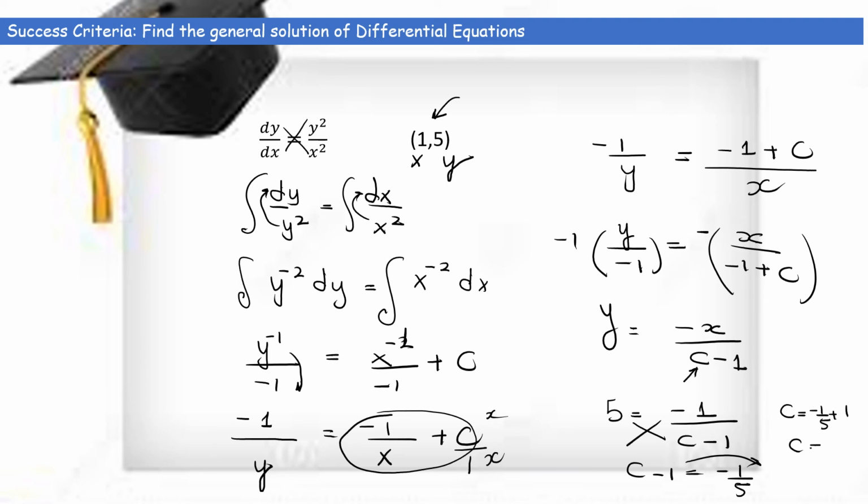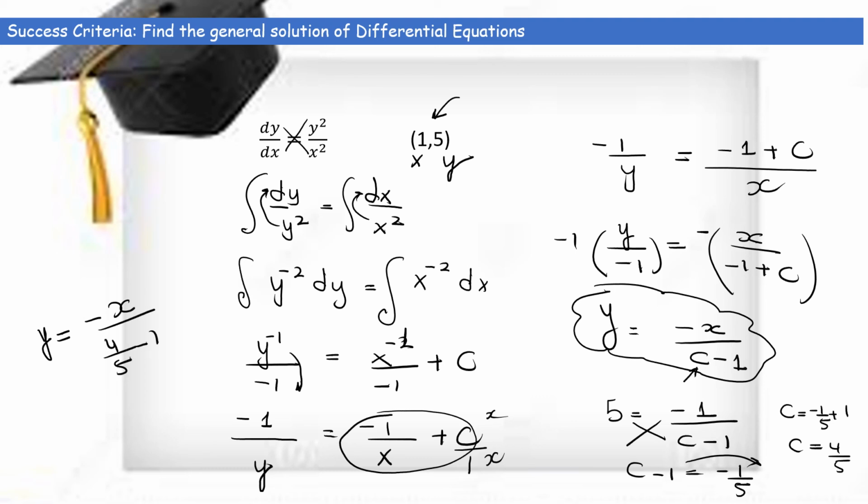Solve by calculating, you will get 4 over 5. Now this was your general solution with the c. Now for the particular solution, you will just replace the value of c by 4 over 5, and that would be your final answer. I hope that you understood the concept.